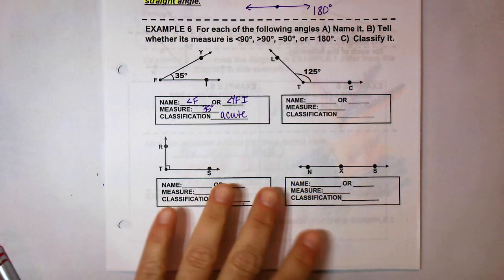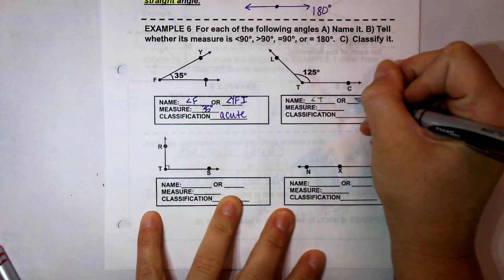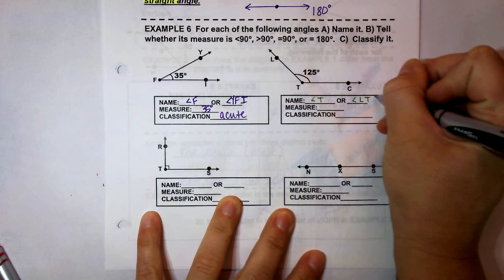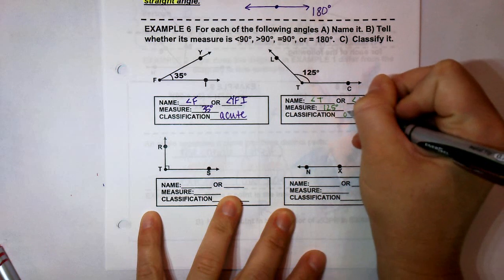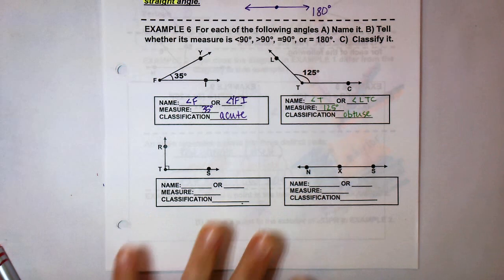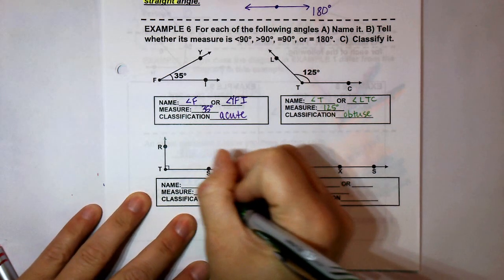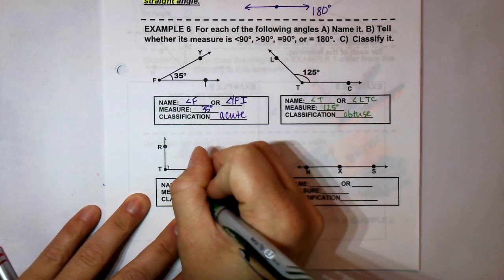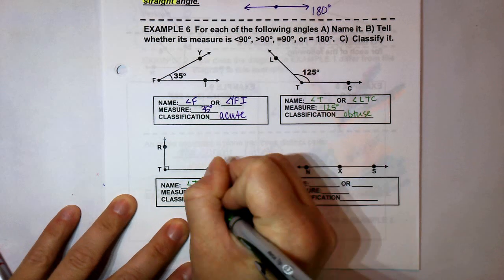Okay. All right, so let's see. Check your answers as I write them. LTC. This should be 125. And obtuse. This should be done already. You should not be copying me. This is angle T. RTS. 90.